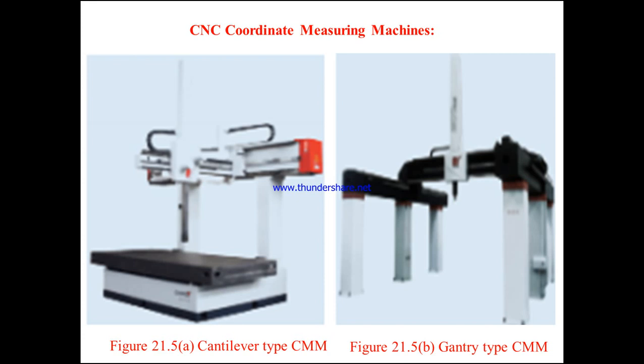In some cases, by using the profile, we can go for conversion to a CAD model by using this coordinate measuring machine. The probe moves from X to Y or Y to Z along the profile, and the same data is recorded in the software. By using that data, you can convert to the CAD model.